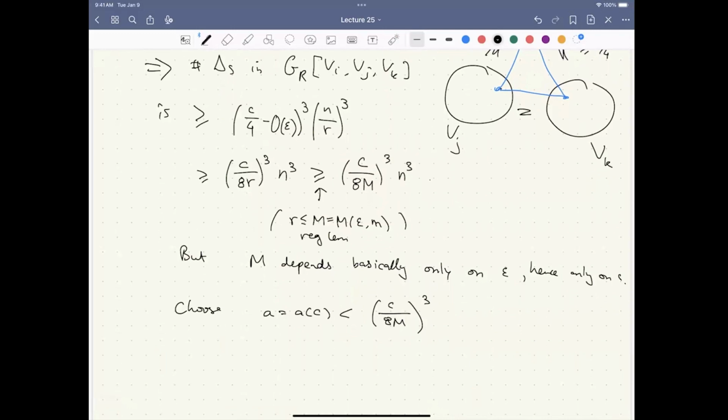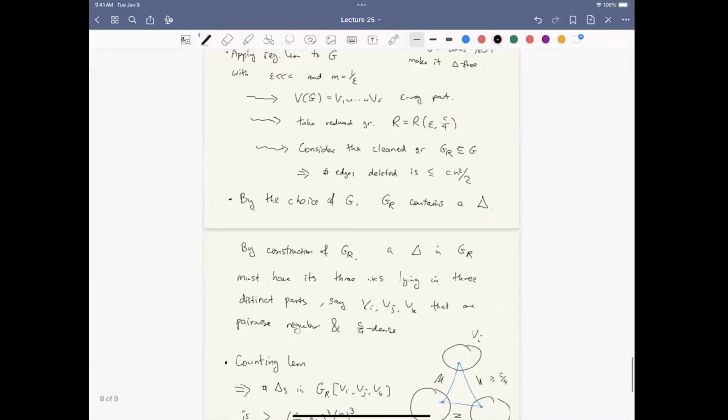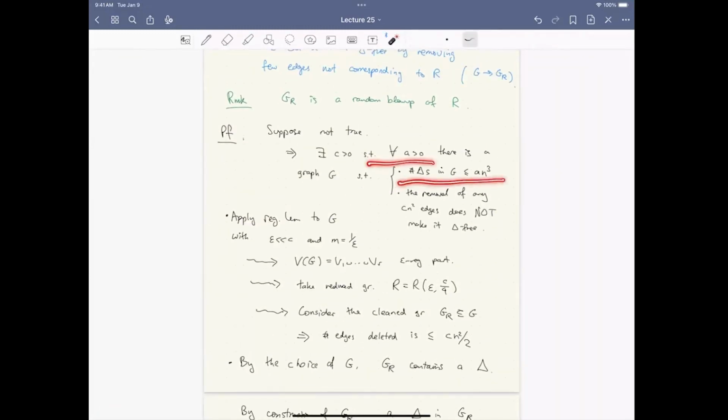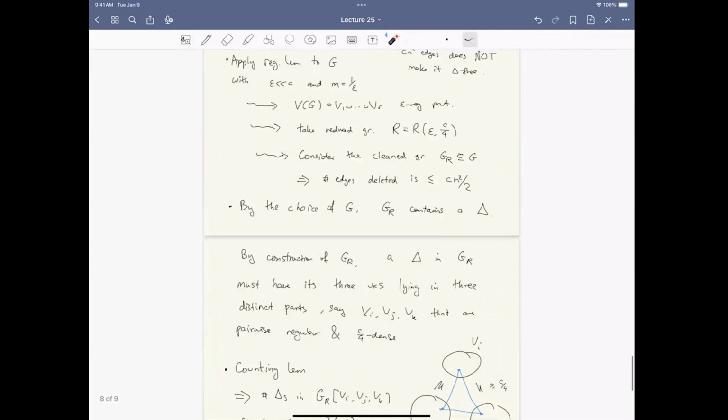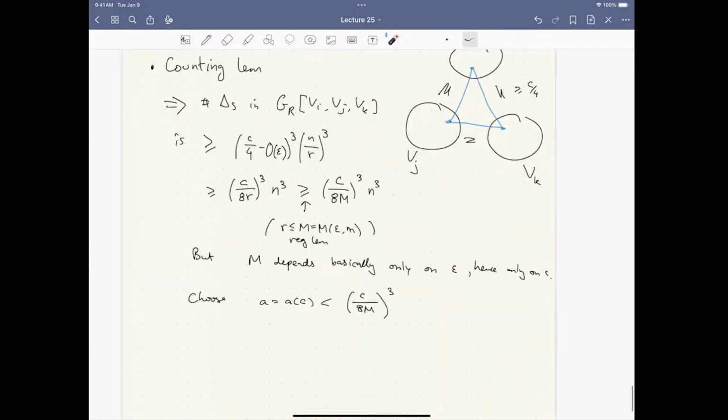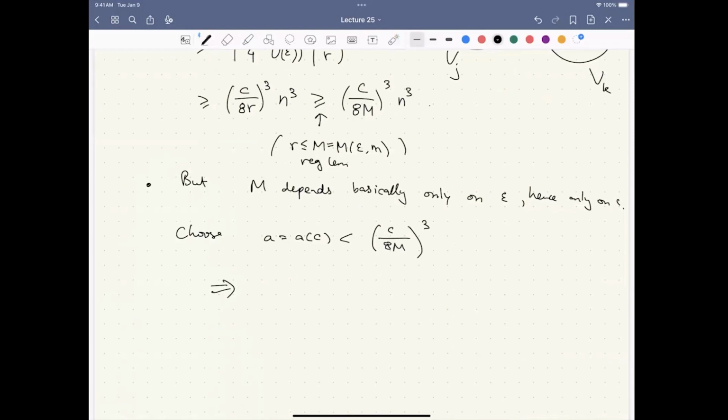Remember, at the beginning we have our freedom to choose A. So now we just proved that between Vi, Vj, Vk, the three clusters, the number of triangles is strictly bigger than A n cubed, to get a contradiction. This is the contradiction. Okay, finishing the proof.